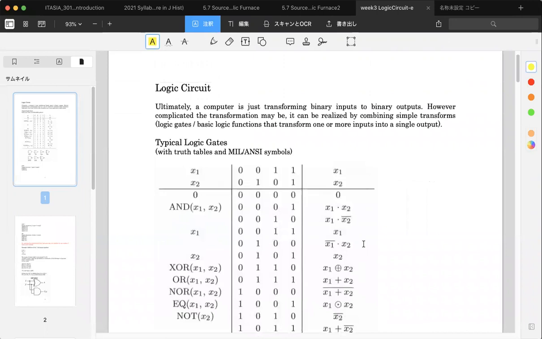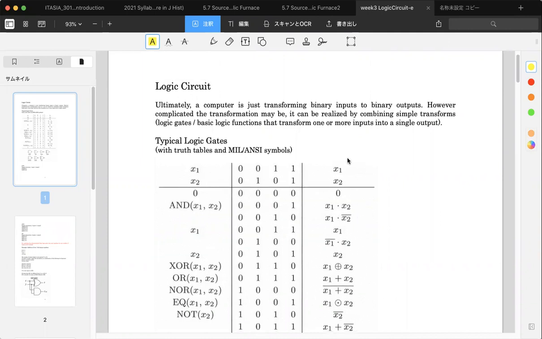So basically, you can understand the logic circuit. You can just forget about how this thing would formulate a circuit because it's only about logic.